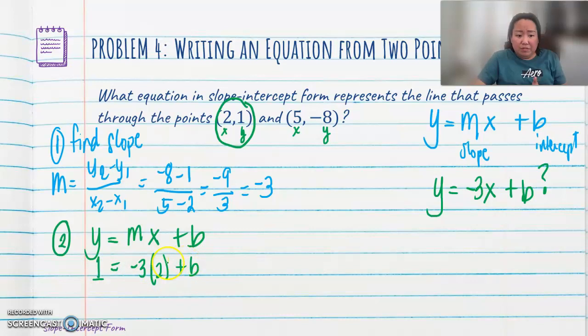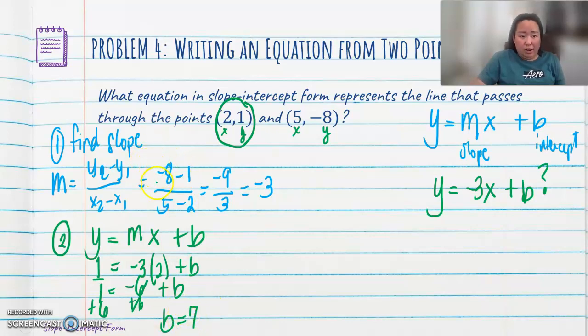So you can simplify this expression. So this is going to be 1 is equal to -6 plus b. Using your skills on solving for a variable, you have to isolate the b. So in this case, you have to add 6 to get that canceled. Add 6. And so from here, your b is going to be equal to 7.